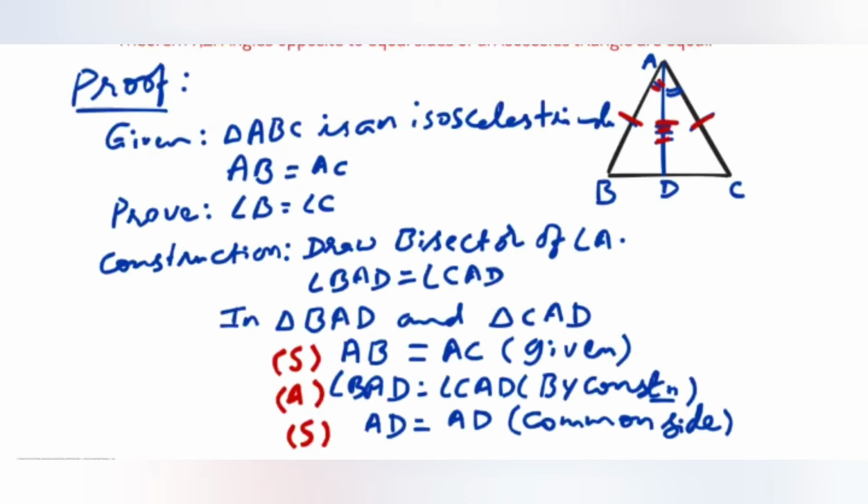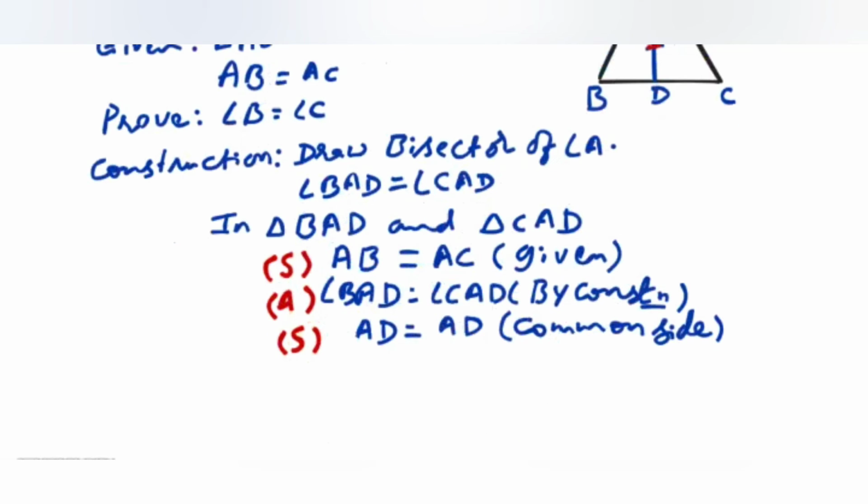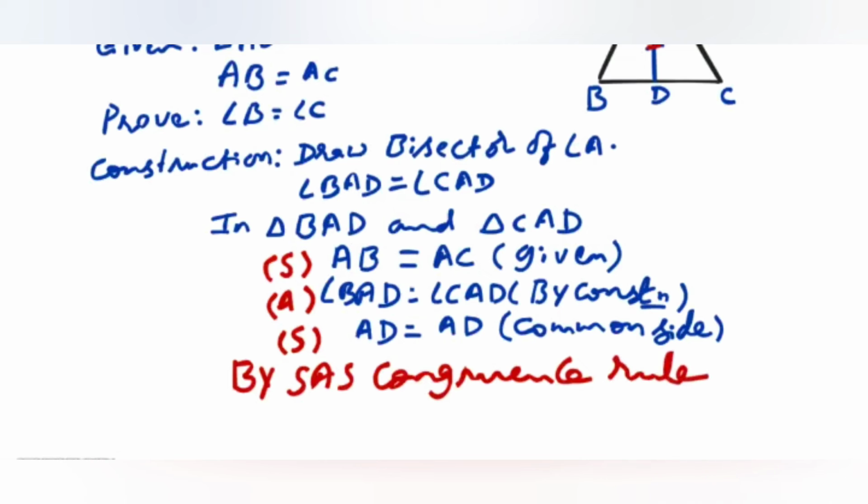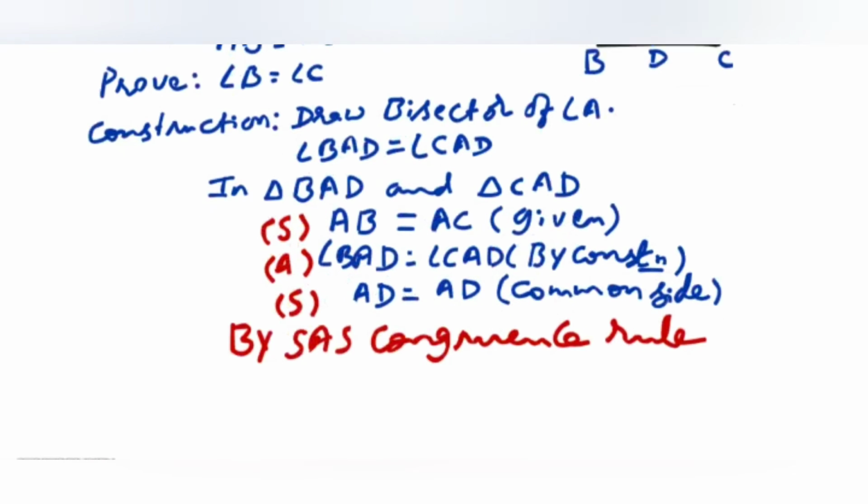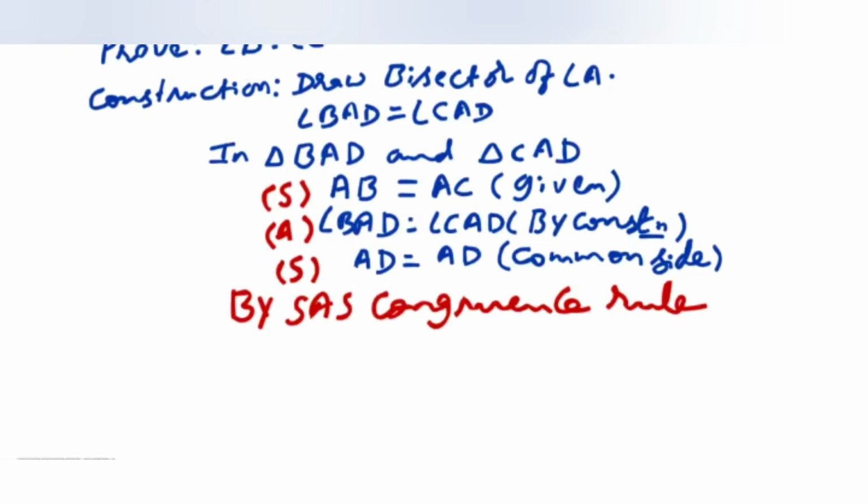So by SAS congruency rule, triangle BAD is congruent to triangle CAD.